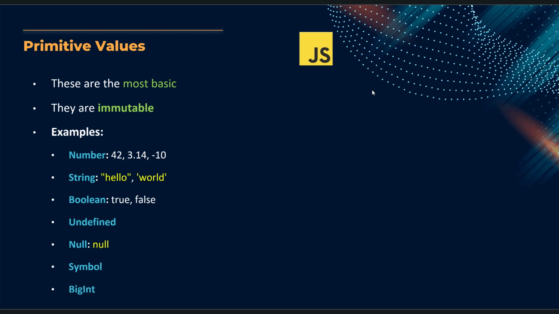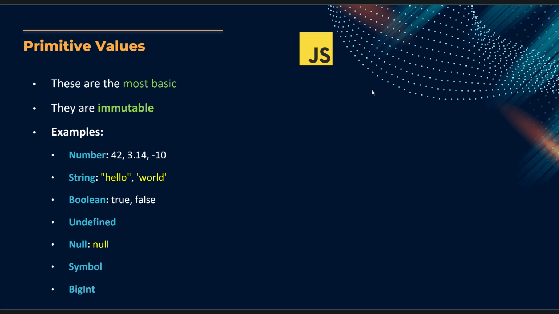Now, there are a few other primitive types. Undefined. This usually means a variable has been created, but we haven't given it a value yet. Null. This is when we intentionally say something has no value or is empty. Symbol.